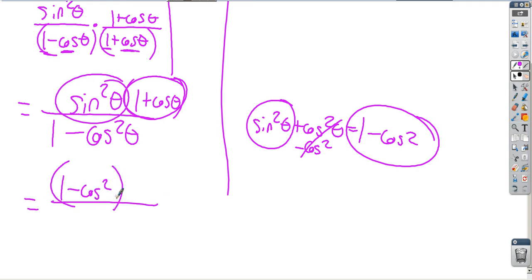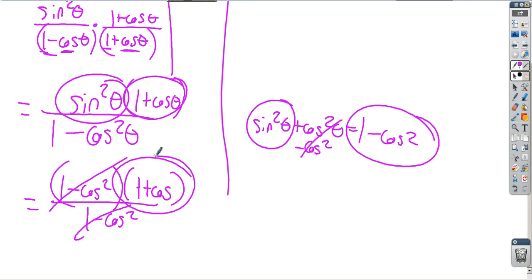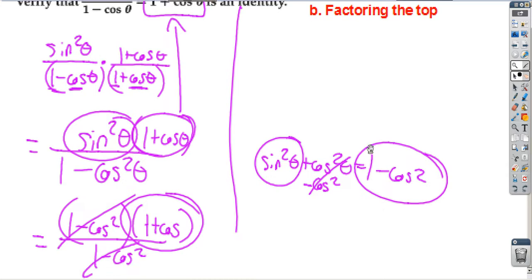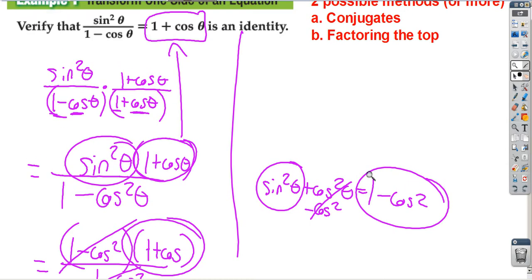We still have it being multiplied by 1 plus cos, and that's over 1 minus cos squared. So notice 1 minus cos squared divided by itself equals 1, so we're left with 1 plus cosine, and that's how we proved it. We're done at that point. It says verify that it's an identity. We did stuff to the left side and we made it turn out to be identical to the right side. So you stop right there.